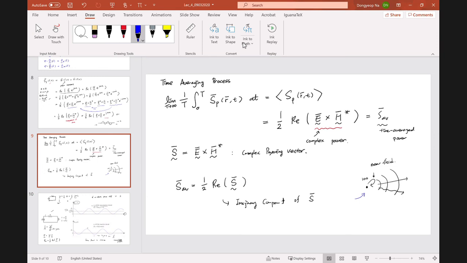As time evolves, it gets back to the source. So the field disappears and the energy is absorbed back into the source. That is the physical meaning of the imaginary part of this complex power. Okay, I see. Thank you.